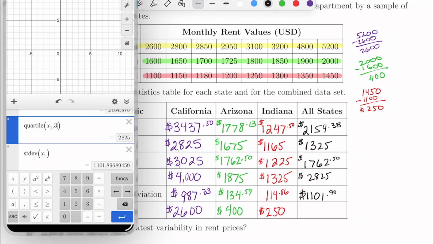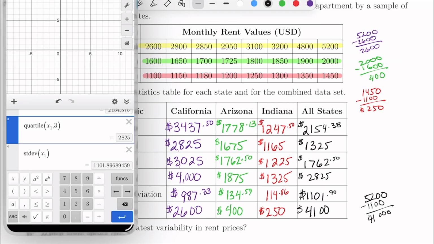For the standard deviation. There we go. And then lastly, the range, we're going to take the absolute highest number, which is 5,200. That's the highest rent anywhere. And then the lowest rent anywhere is 1,100, which is a difference of $4,100.